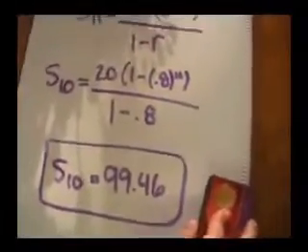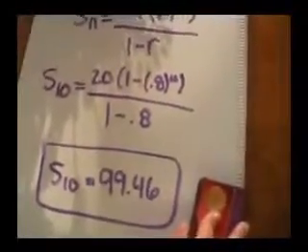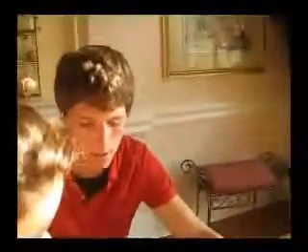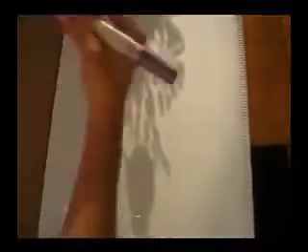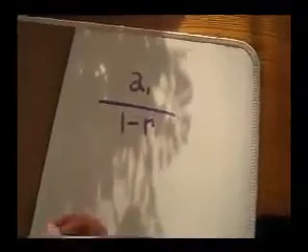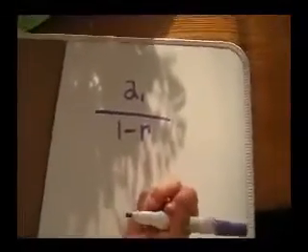Alright, do I have another problem? Yeah, you saw part B. Part B says find the total distance the ball will travel before it comes to a complete stop. Well, that's easy. You just use the equation a sub 1 over 1 minus r, because it's an infinite geometric series.